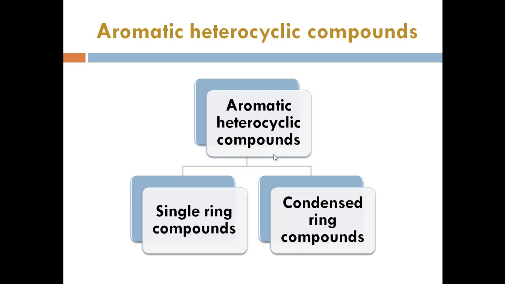There are many other aromatic heterocyclic compounds available, but here I take only those in your syllabus. So aromatic heterocyclic compounds can be classified again into two classes: single ring compounds and condensed ring compounds.